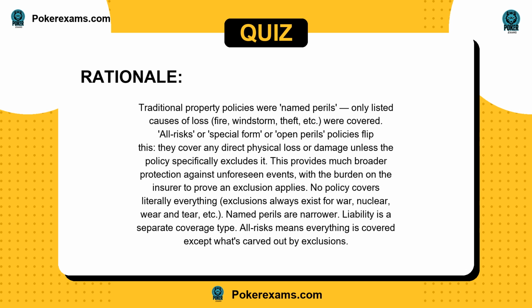This provides much broader protection against unforeseen events, with the burden on the insurer to prove an exclusion applies. No policy covers literally everything. Exclusions always exist for war, nuclear, wear and tear, etc. Named perils are narrower. Liability is a separate coverage type. All risks means everything is covered except what's carved out by exclusions.